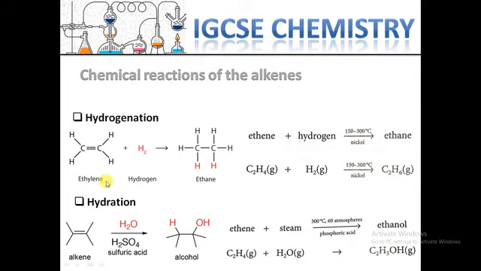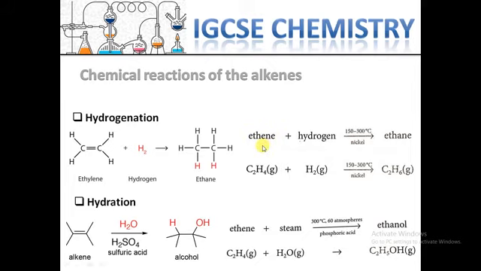After reacting with hydrogen, it changes to ethane, or an alkane actually. So hydrogen only changes the double bond to a single bond. Then each carbon, instead of two hydrogens, gets three hydrogens.